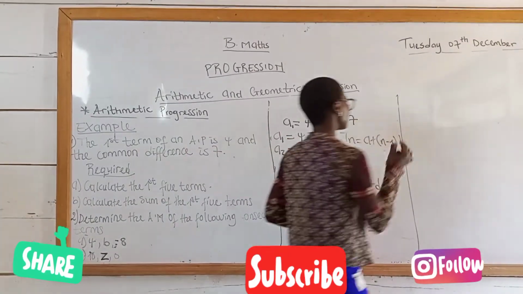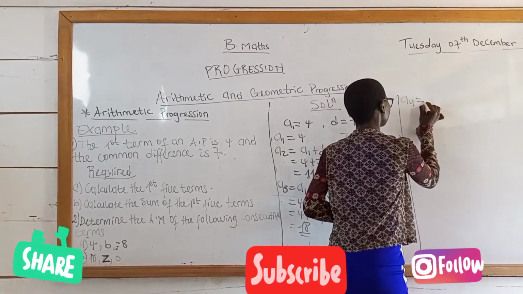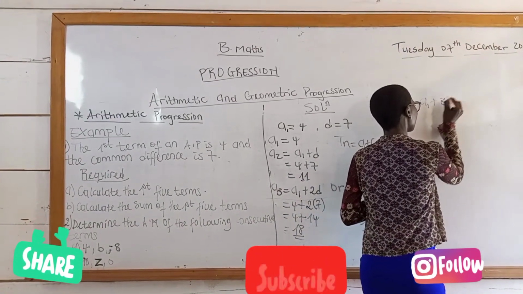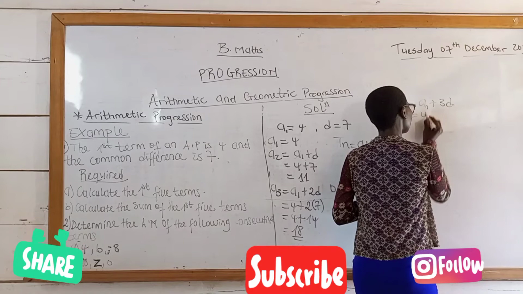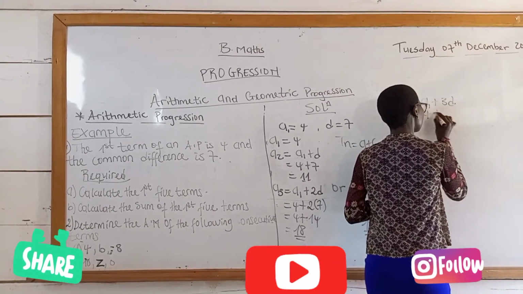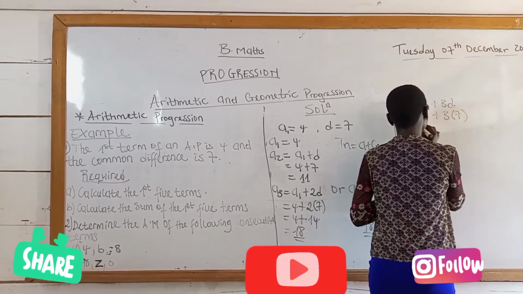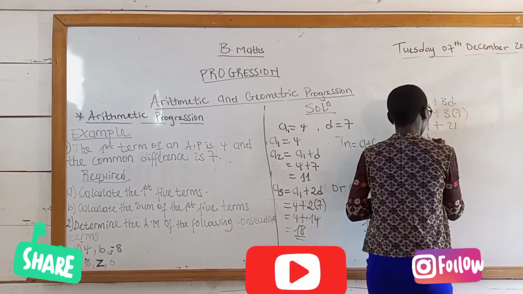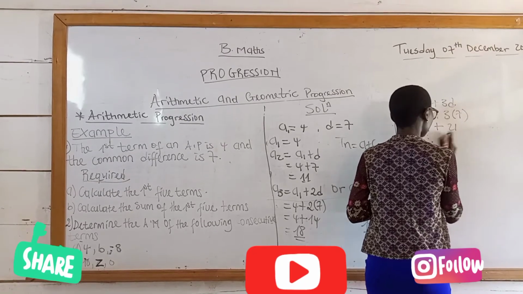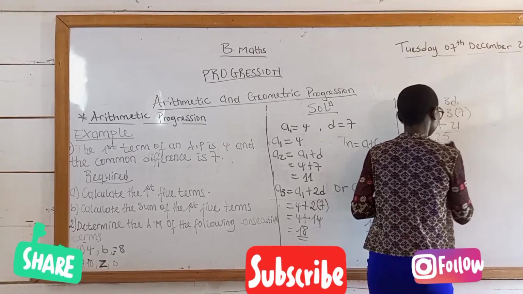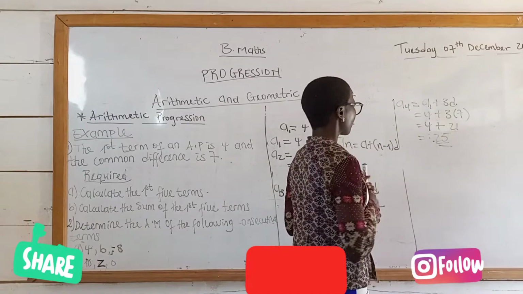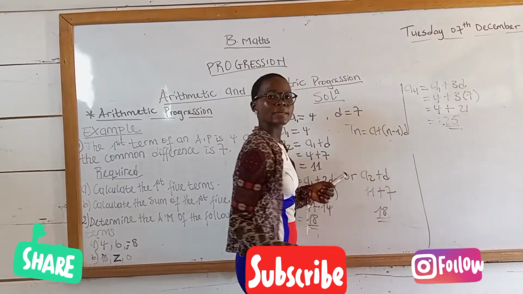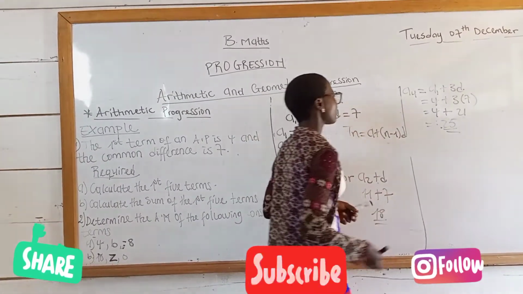So we have the fourth term, A4, which is A1 plus 3D. A1 is 4 plus 3 in bracket 7. 7 times 3 is 21. 4 plus 21 will give us 25. You can still do it like this, or you take 18 plus 7 to give you 25.